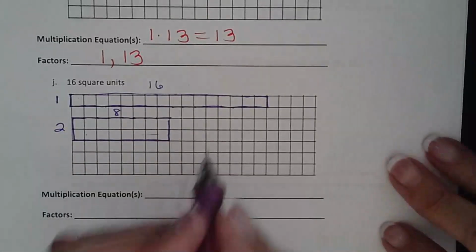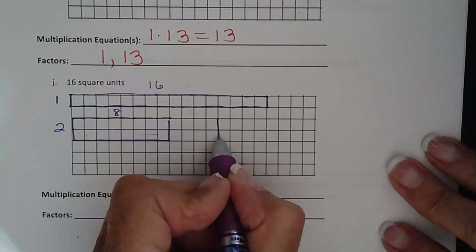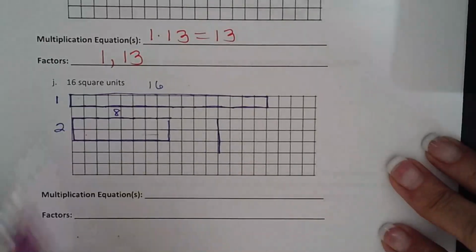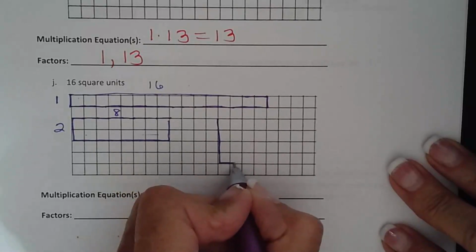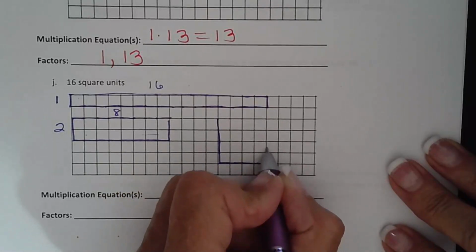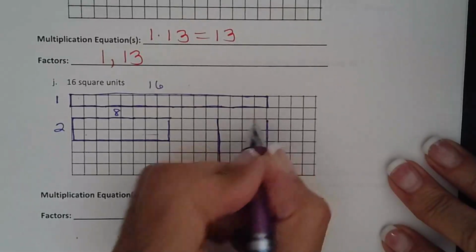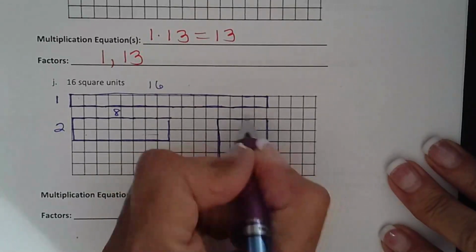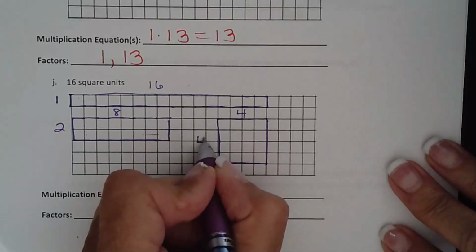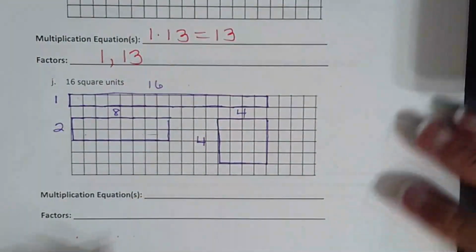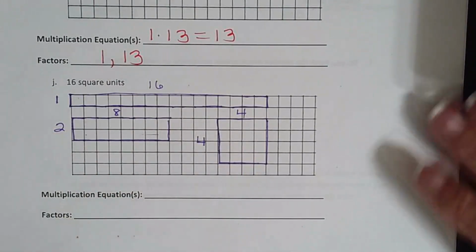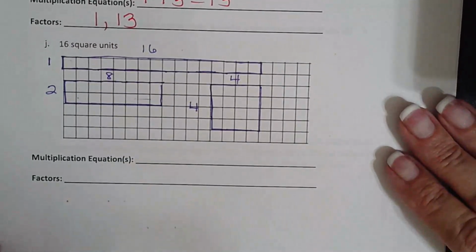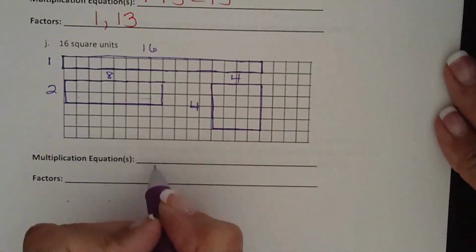And then we have 4 by 4. 3 doesn't go into 16, but 4 does. So 16 has 5 factors, making it composite.